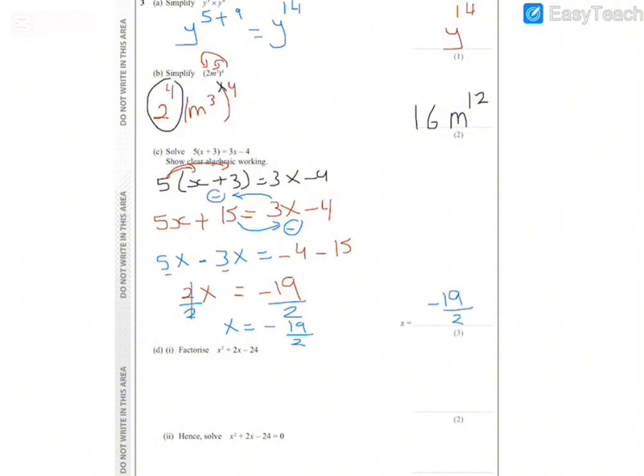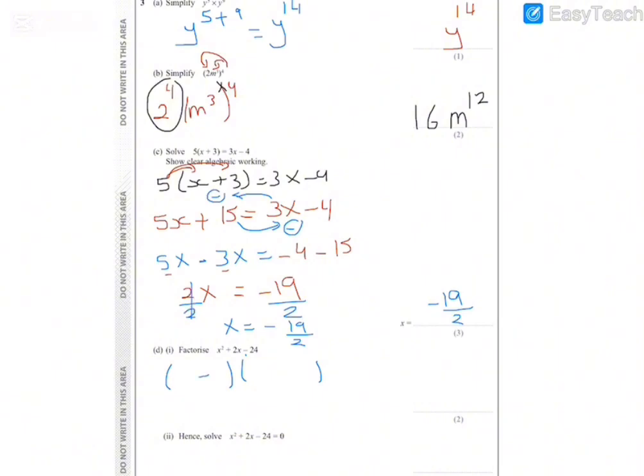Okay, here question number D, first part, factorize the algebraic expression. It means we will open two brackets. First step, we check the sign of the constant. It will be negative.